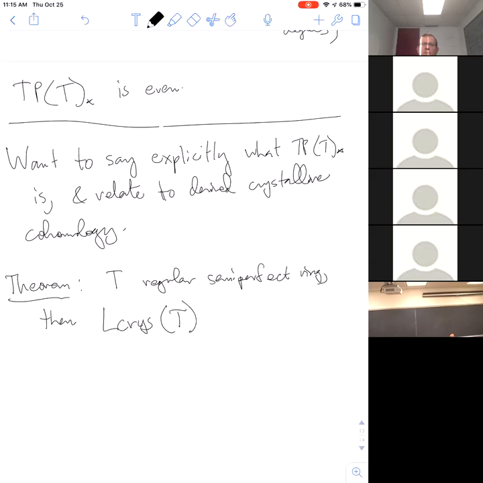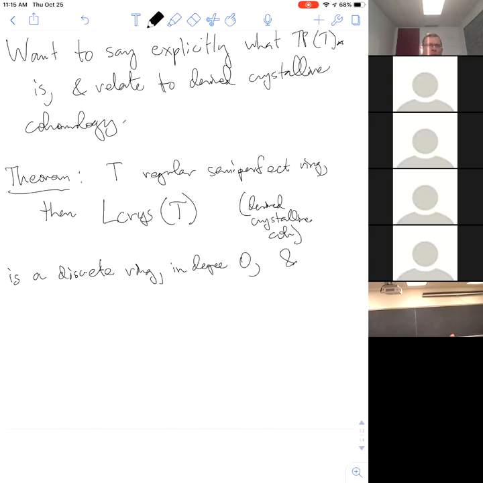Then the derived crystalline homology of T is a discrete ring in degree 0, and it's a ring that has a name. It's a ring called A_cris. I'll say what A_cris is in a second. It's a ring called A_cris of T.